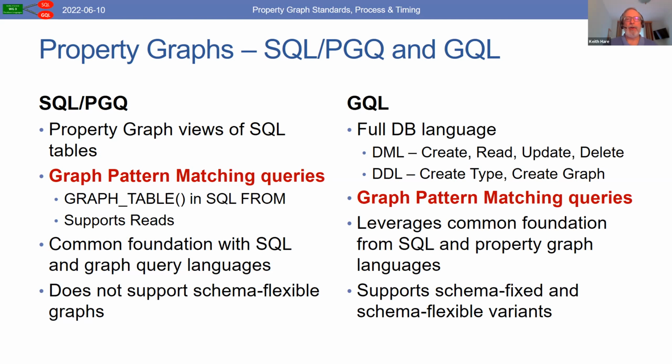But this gives you the power of property graphs on top of existing data. GQL is a full database language. The graph pattern matching language in GQL is identical to the graph pattern matching language in PGQ. So if you learn the graph pattern matching language for PGQ, then with a little bit more knowledge, you're ready to do queries in a GQL database.